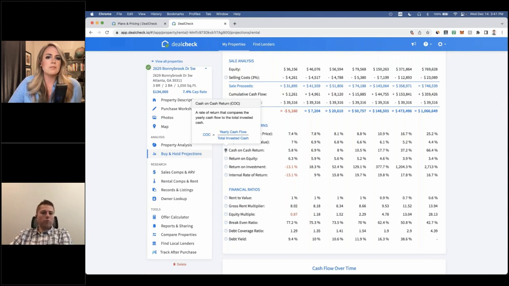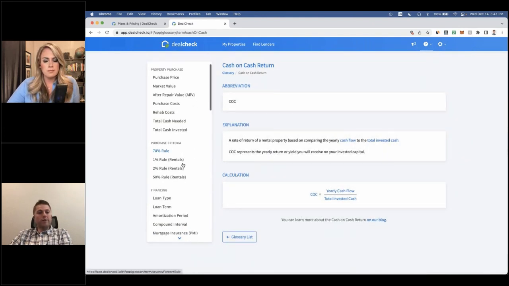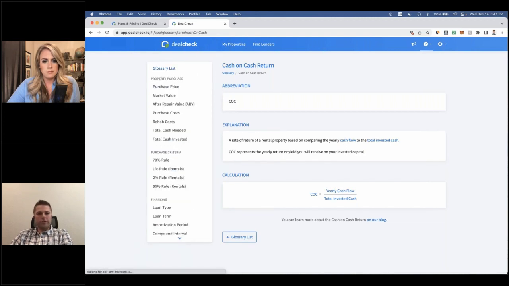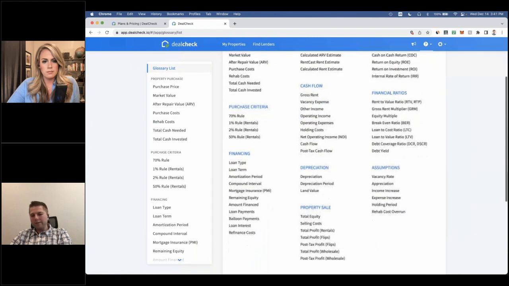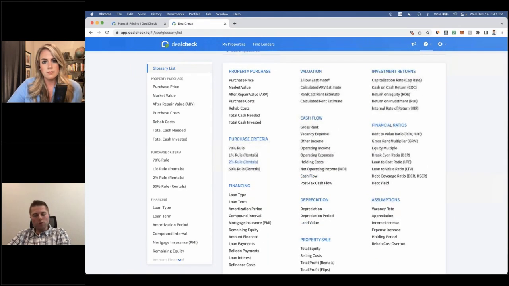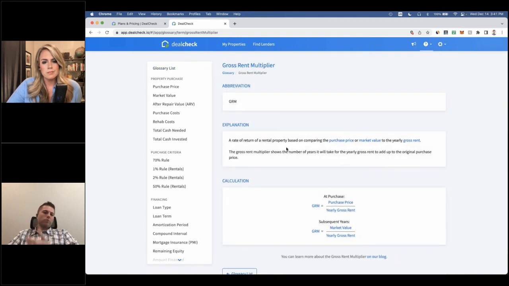And if you click on one of these icons, it takes you to our more in-depth glossary that has more information and links to related terms. We've tried to include each metric, each return, each rule, each important concept in real estate investing here, so you can actually learn as you go.